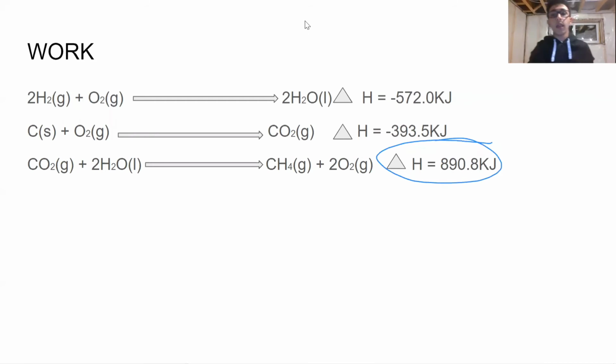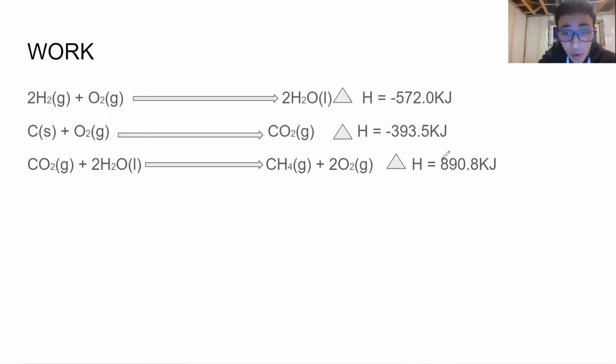Okay. So what we're gonna do now, it's actually a bit weird, but all of the other things that we do not need cancel out. So the 2 oxygens right here cancel out with these 2 oxygens right here. The oxygens on the product side cancel out with the oxygens on the reactant side.